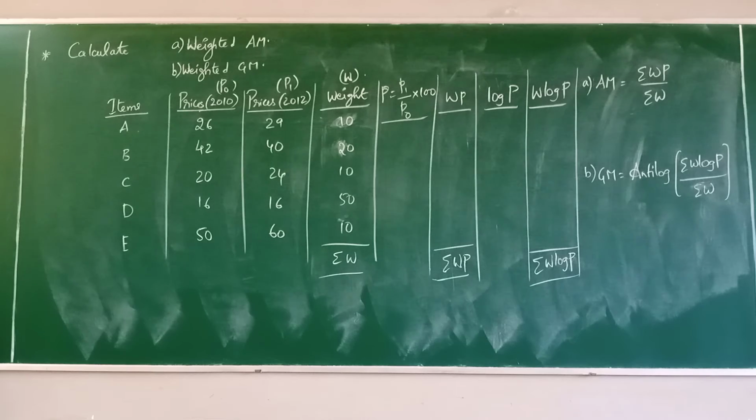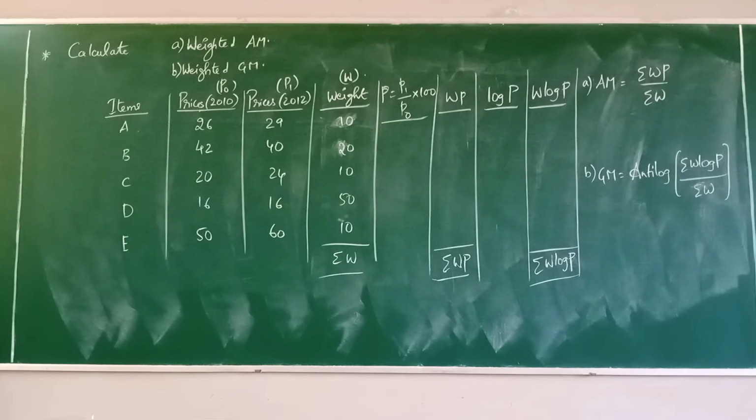After calculating all the log P terms, either by using a scientific calculator or by referring to the log tables, preferably scientific calculator, because a scientific calculator can be used in the final examination also, scientific and normal calculators, only in case of the statistics subject. Remember this, only in the subject statistics you can use a scientific calculator, even in the board examination.